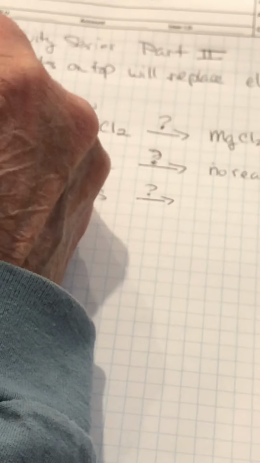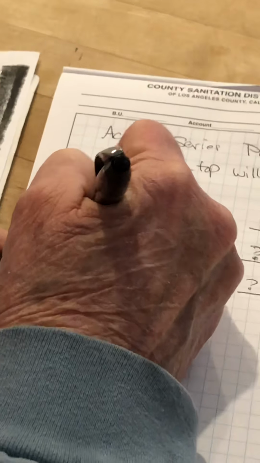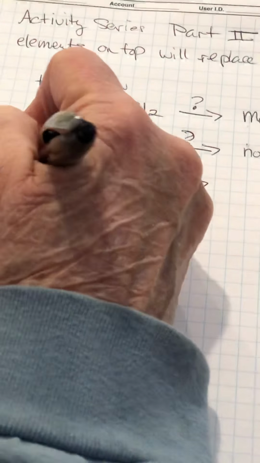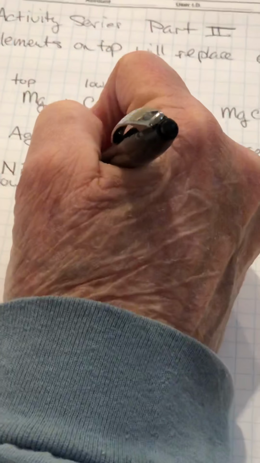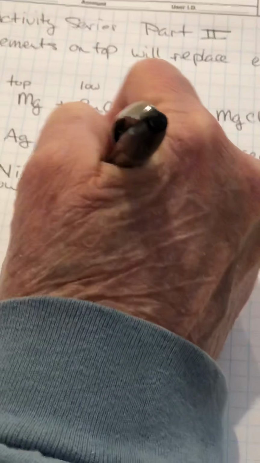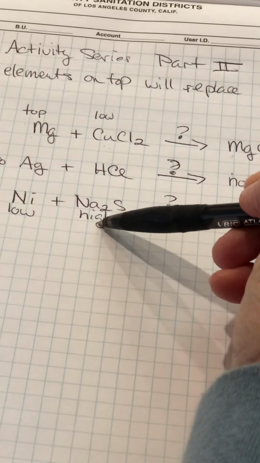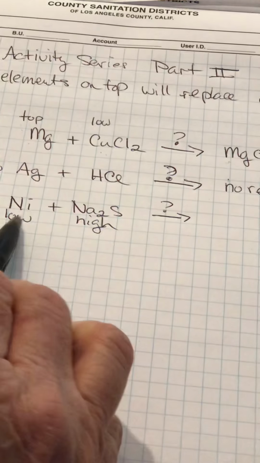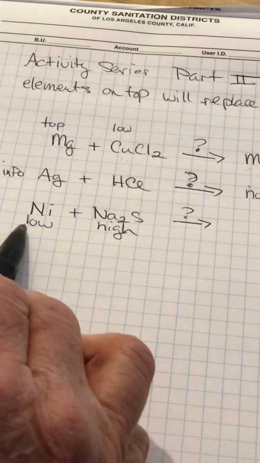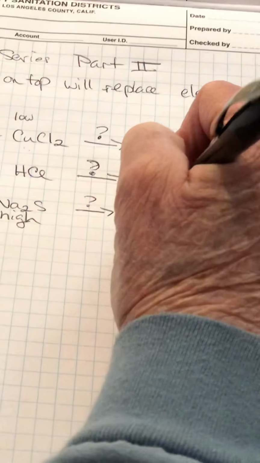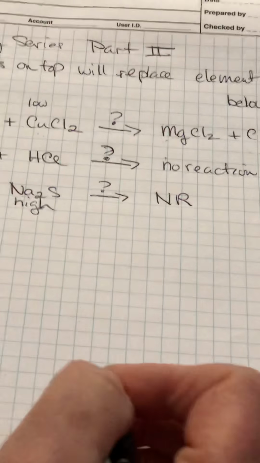So with this one, we were looking at the side information. Here, we're looking at the activity series itself. Nickel is low, sodium is high. The element that is on the top is not by itself. The element that's by itself is lower, so that reaction does not proceed. So we have a big fat NR for that.